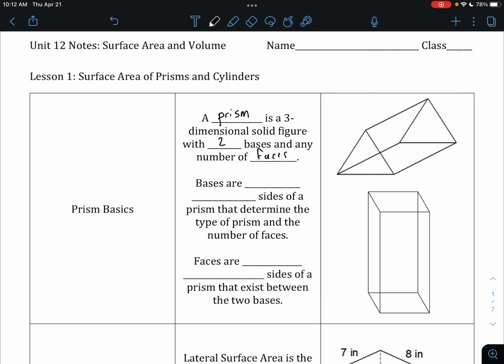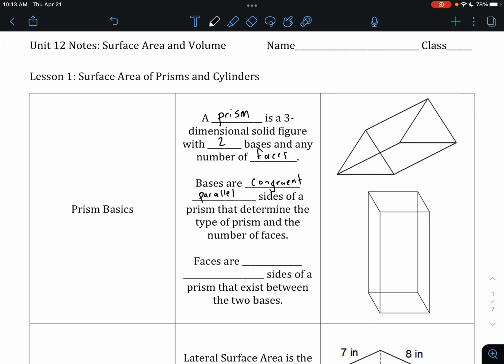So there's two parts of a prism. There's bases and faces. And bases are congruent, parallel sides of a prism that determine the type of prism and how many faces it has.